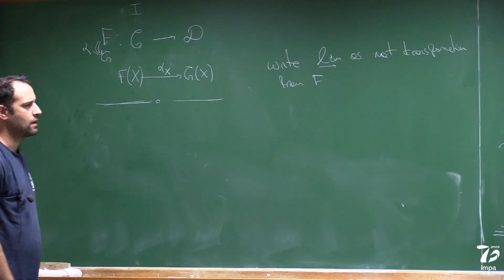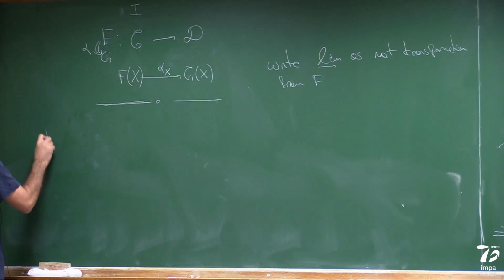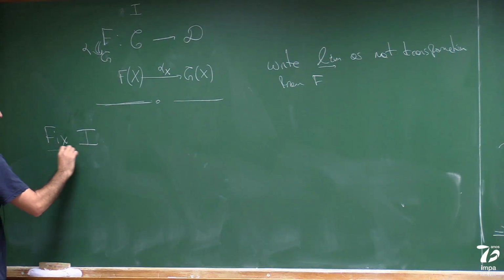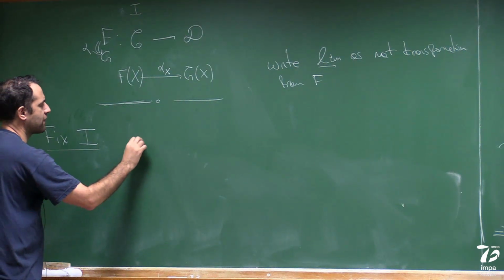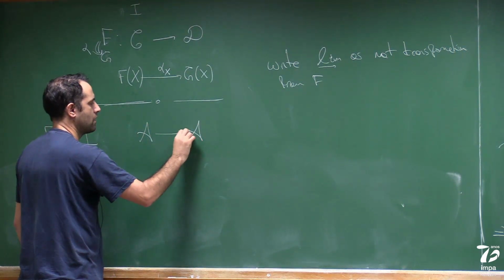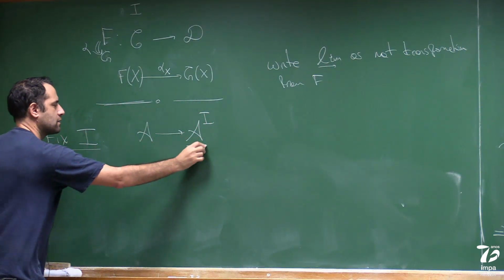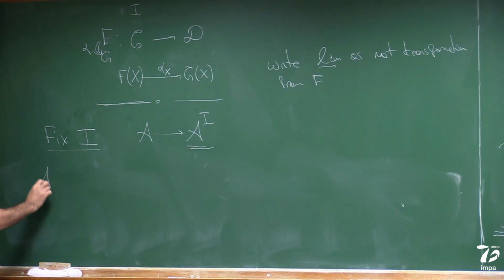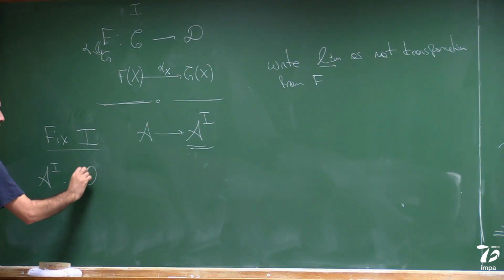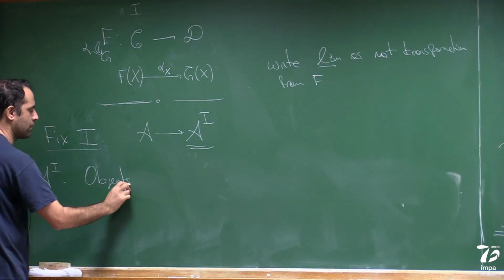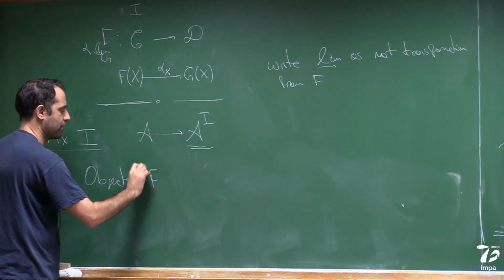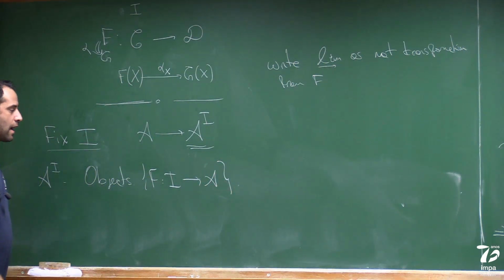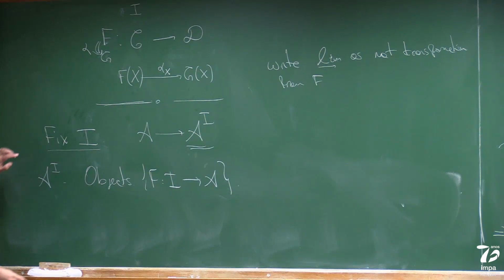Now, okay, let me give you a functor. Let's fix I, and I'm going to produce a functor from A to A^I. So first of all, just in case I haven't defined this, let's define A^I. The objects of A^I are functors F from the category I to A, and the morphisms are natural transformations.